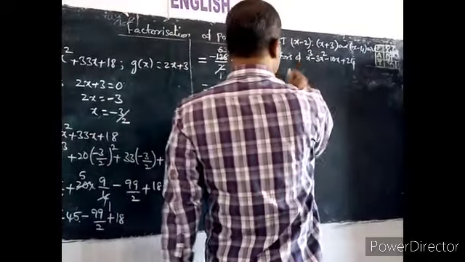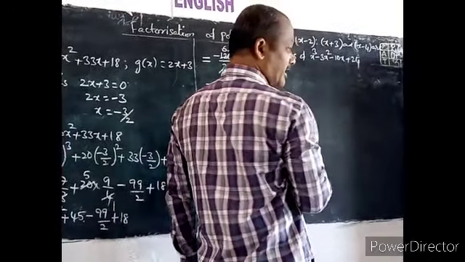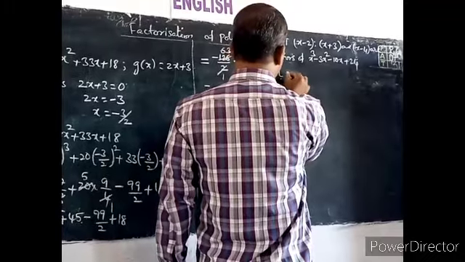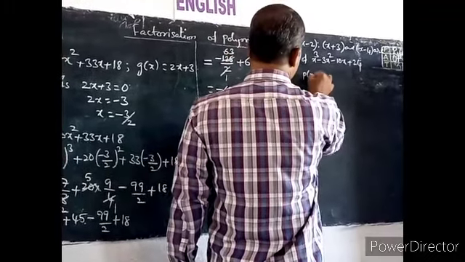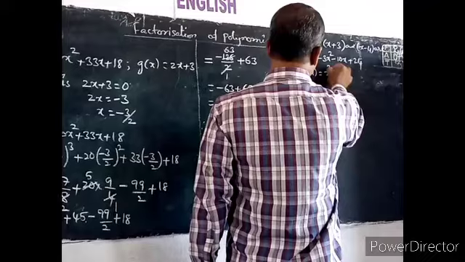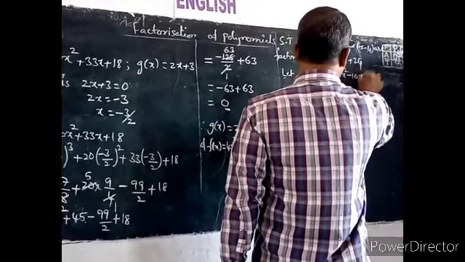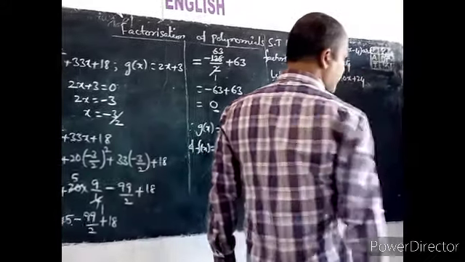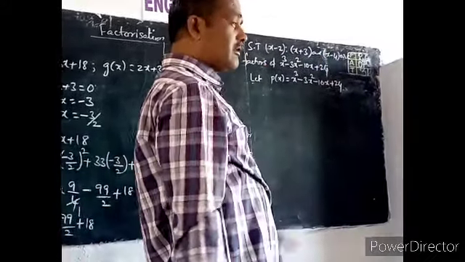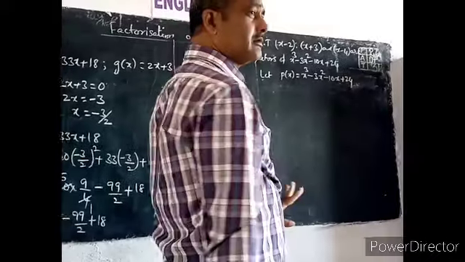First, take x minus 2 only. Let p of x be the given polynomial, x cube minus 3x square minus 10x plus 24. I have taken the given polynomial as it is.